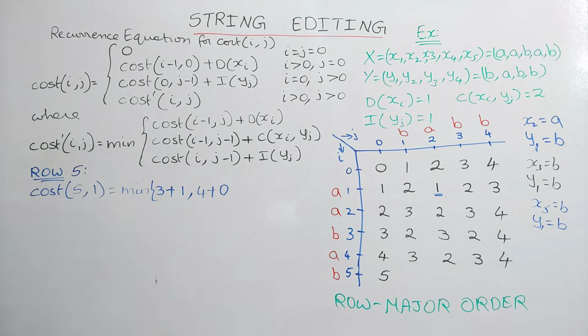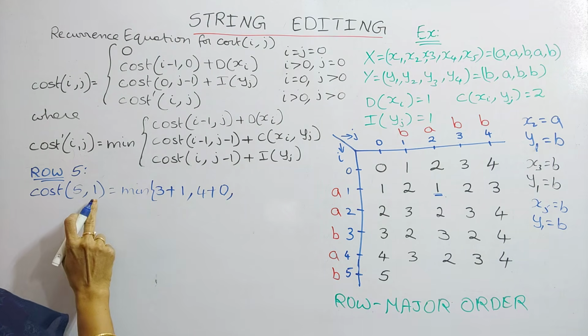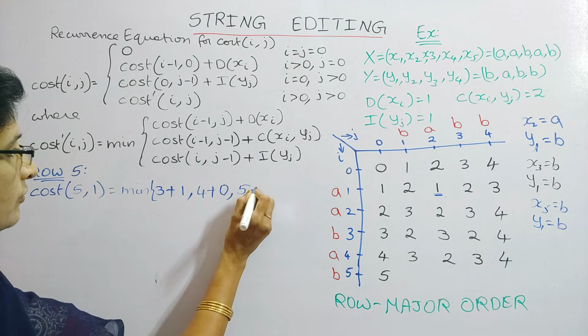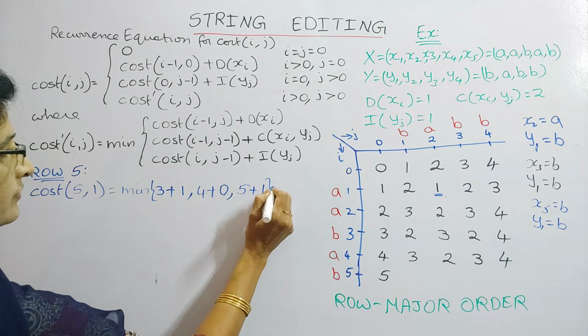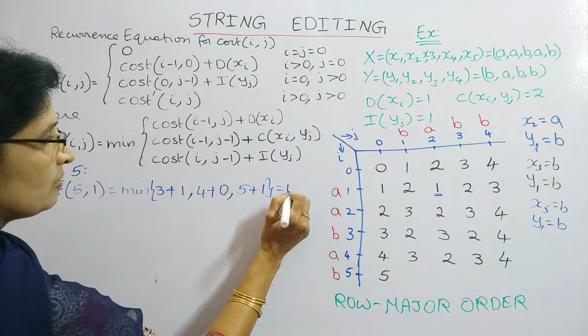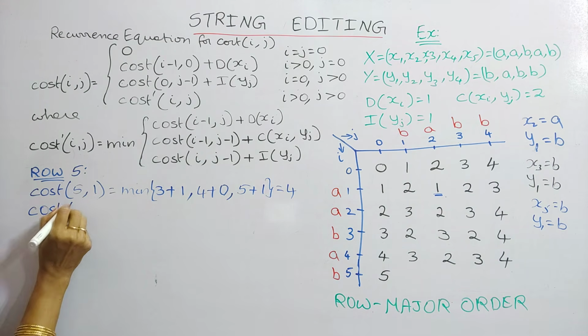So the change operation will become 0. Next, cost of 5 comma 0. 5 comma 0 is how much? It is 5. 5 plus your insert operation, it is 1. Out of these, the minimum value is how much? It is 4.